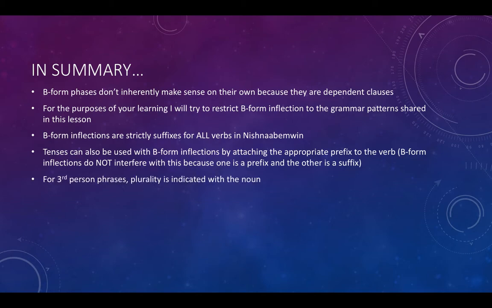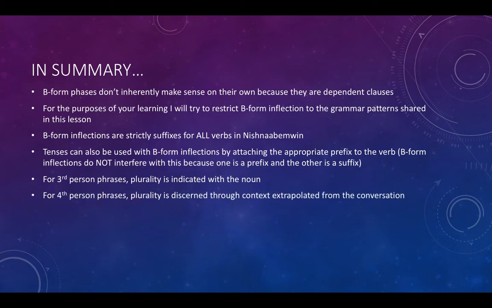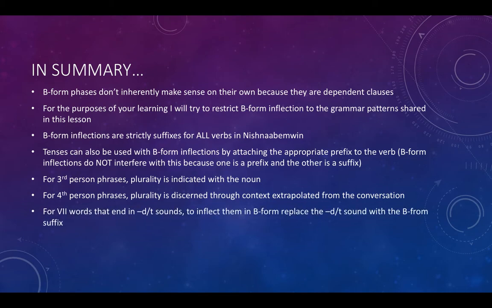For third-person phrases, plurality is indicated with the noun. So if the noun has the appropriate suffix, then you know it's plural. For fourth-person phrases, plurality is discerned through context, extrapolated from the conversation. For VI words that end in D or T sounds, to inflect them in B form, replace the D or T sound with the B form suffix, either G or nig, depending on third person or fourth person.